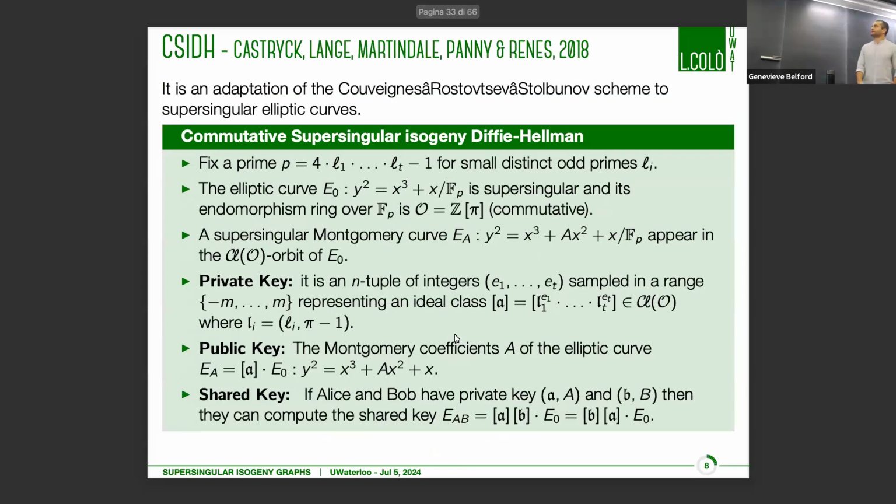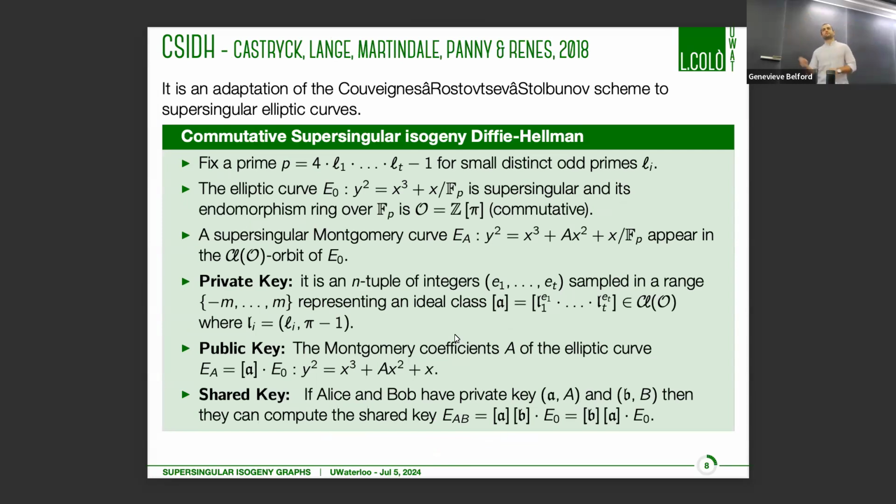The second family is the family of CSIDH, which was proposed in 2018 by a group of people, Castryck, Lange, Martindale, Panny, and Renes. And this is more of an adaptation of the picture I showed you before in the ordinary case to the supersingular realm. Visually it works exactly the same way as Couveignes, Rostovtsev, and Stolbunov.